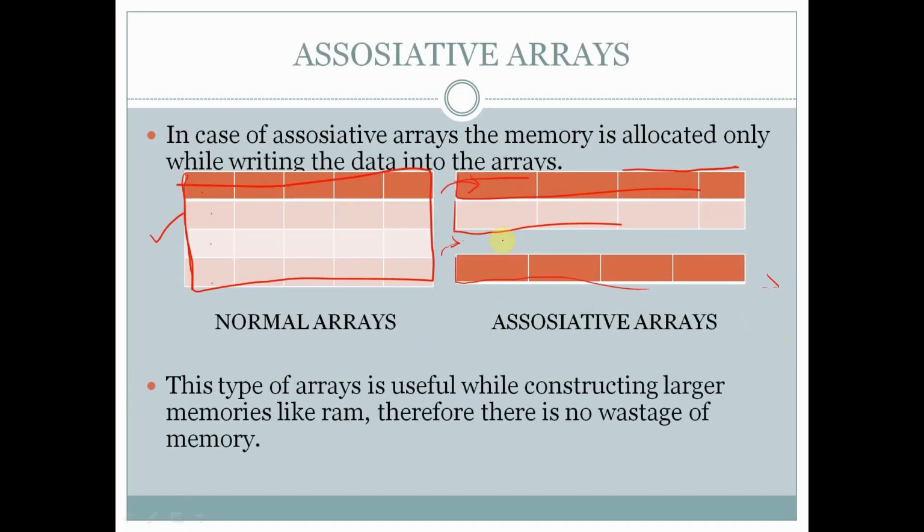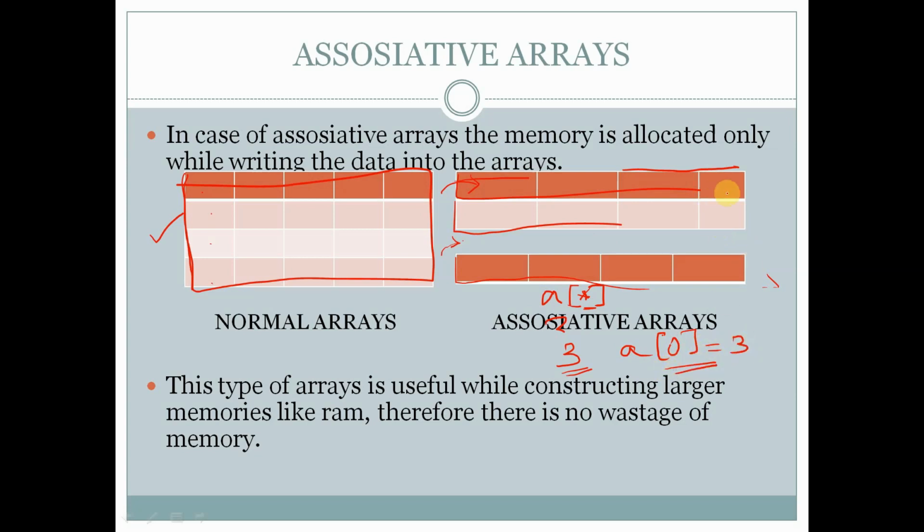For example, let's say this is an associative array of name A, and we represent an associative array with the symbol asterisk. If in the first memory location we want to store 3, then a of 0 equal to 3.